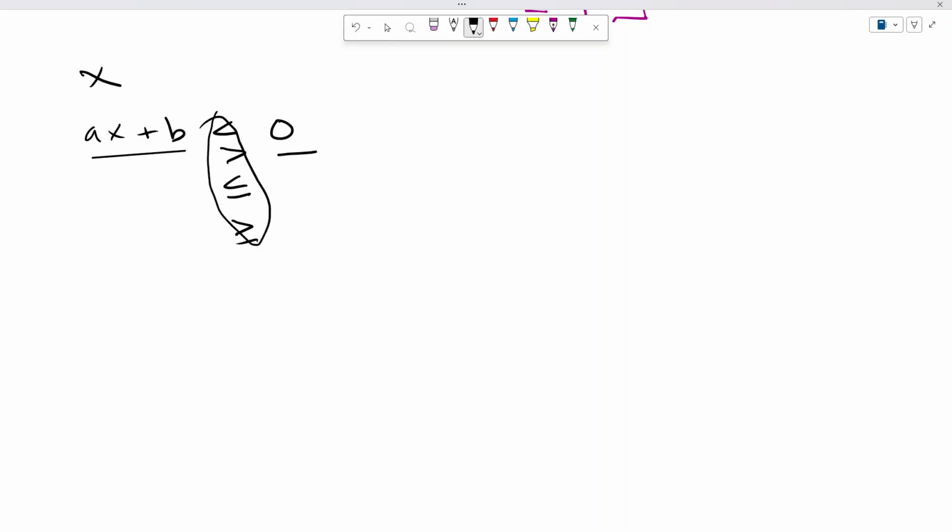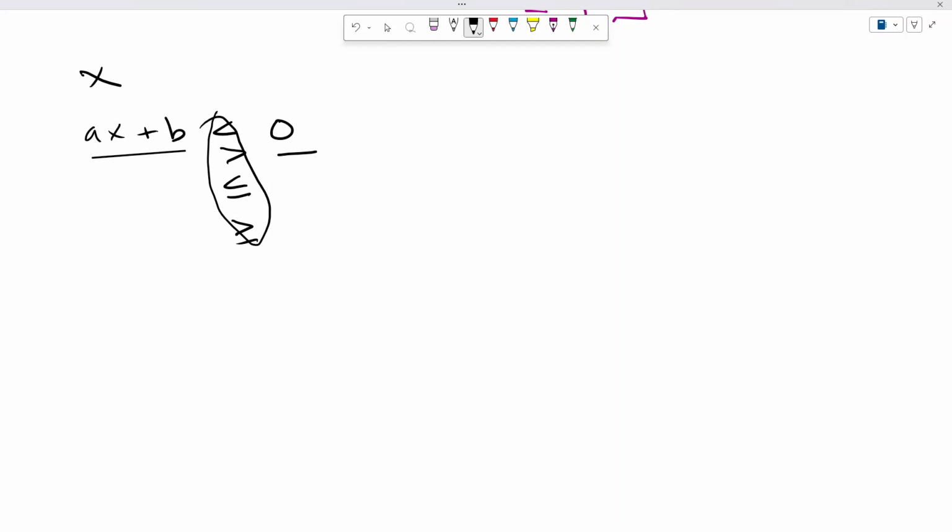And a linear inequality, which for us will just be in terms of one variable, x, is one that can be written in the form ax plus b, and then we'll have 0 on the right side, and then it's just a matter of whether we have less than, greater than, less than or equal, greater than or equal to. But what a linear inequality has in common is it just has the ax plus b form on the left and then 0 on the right. And that's just a matter of whatever symbol we have in the middle between them.